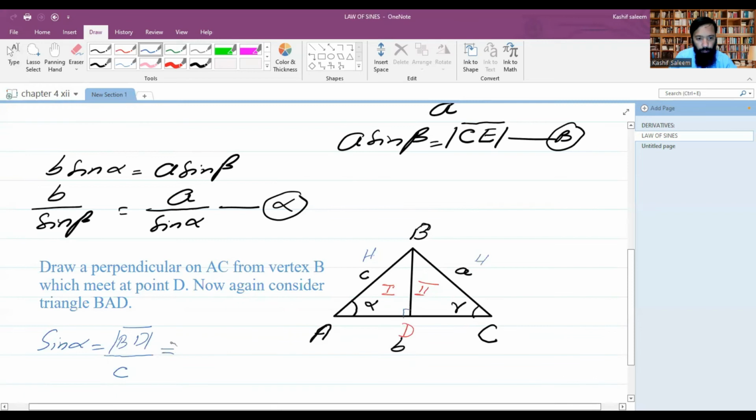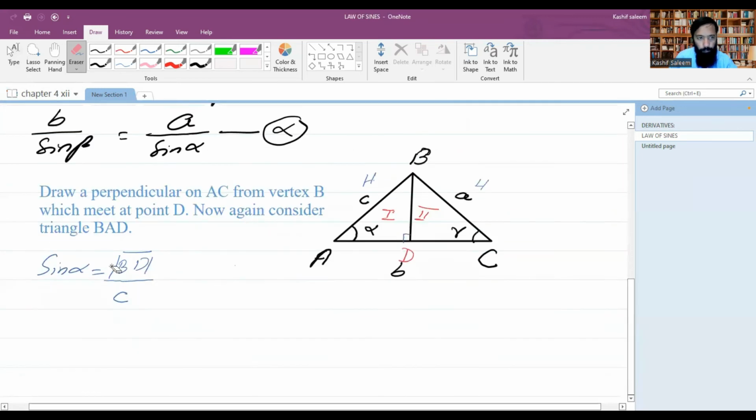So BD is equal to c sine alpha. This is equation 1.